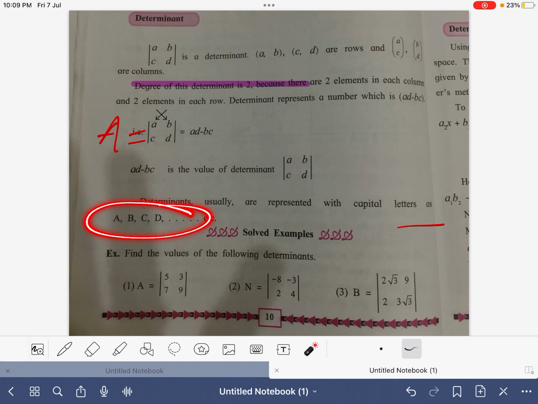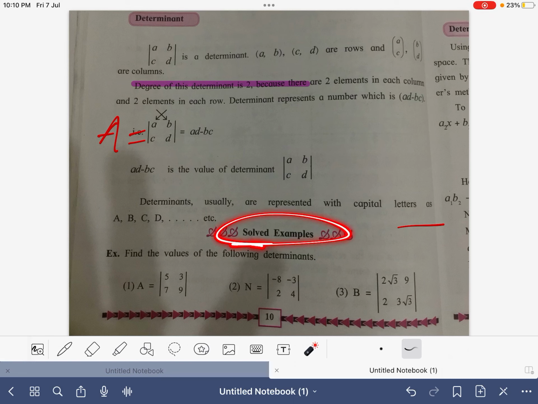Usually, to represent a set we use letters A to Z, just like variables. There is no condition to use only A or B: determinant A, determinant B, determinant C. Likewise you can choose any letter for the determinant. So let's see the next question.